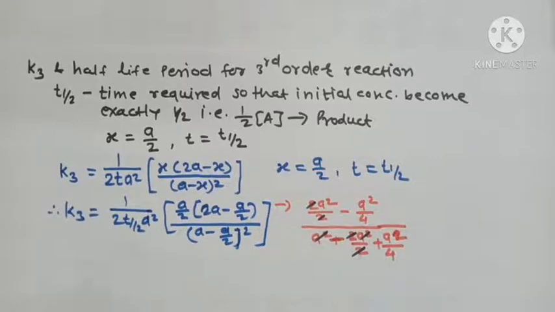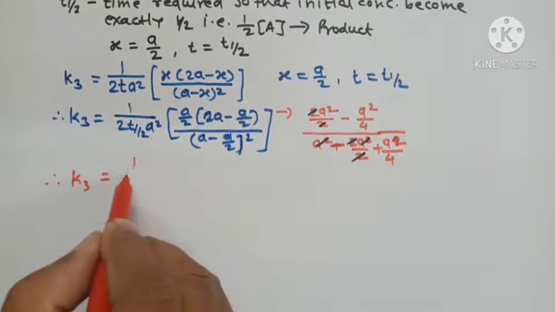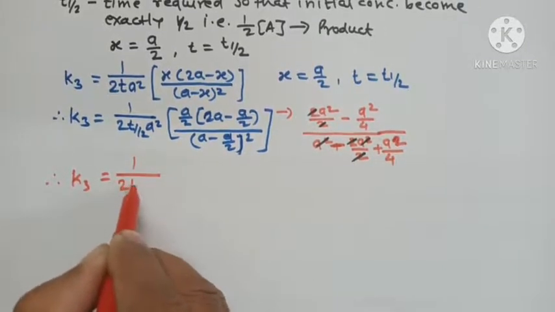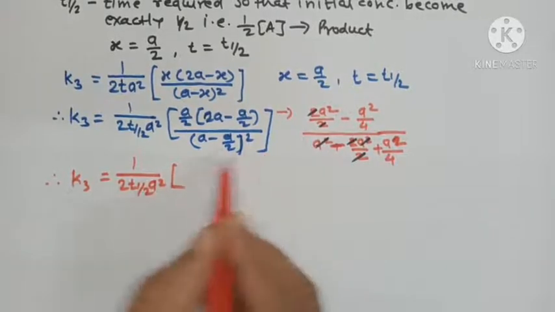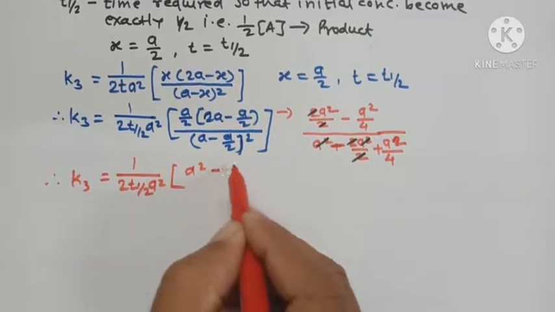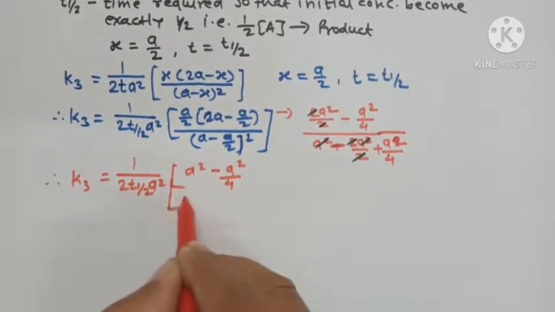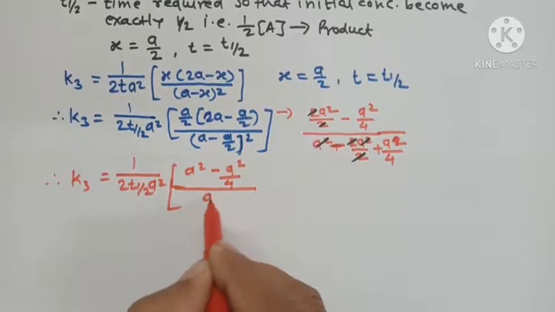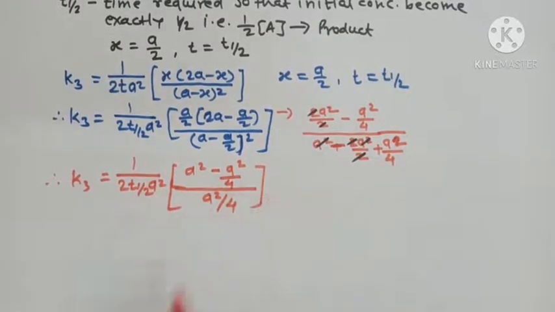And we will get k3 is equal to 1 upon twice t half a raised to 2 multiplied by (a square minus a raised to 2 upon 4) divided by a raised to 2 upon 4.